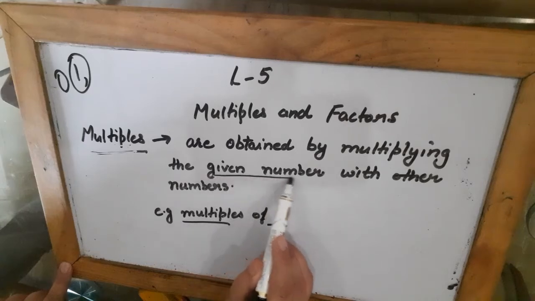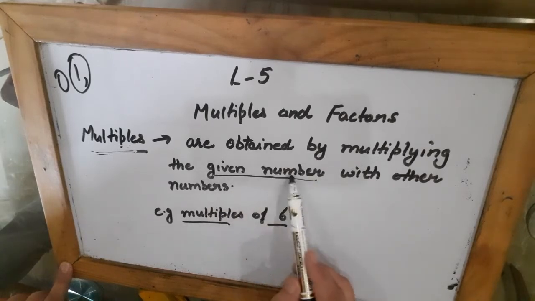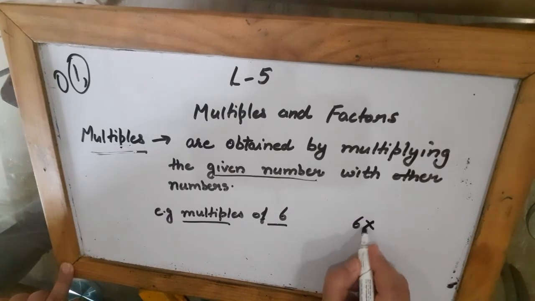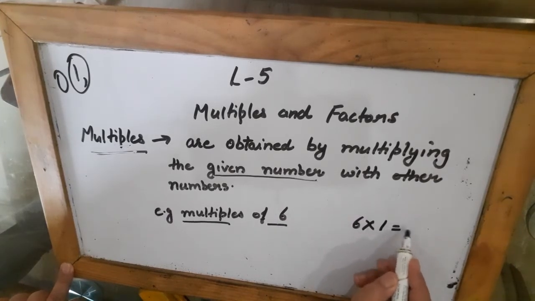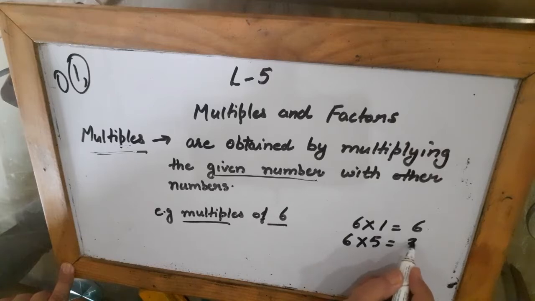What is the given number here? It is 6. So how can I find the multiples of 6? By multiplying the given number, which is 6, with other numbers. Suppose I multiply this 6 with 1, I get 6. If I multiply 6 with 5, 6 fives are 30.